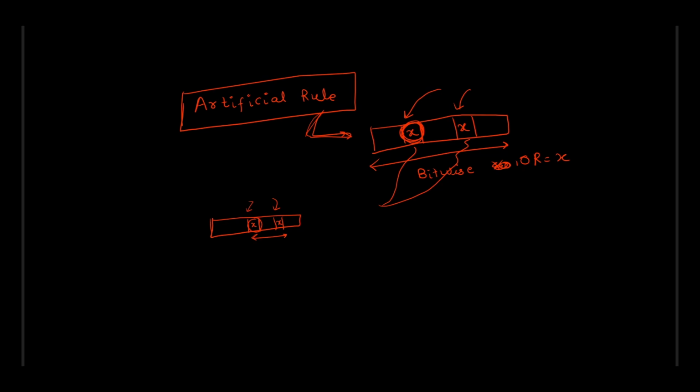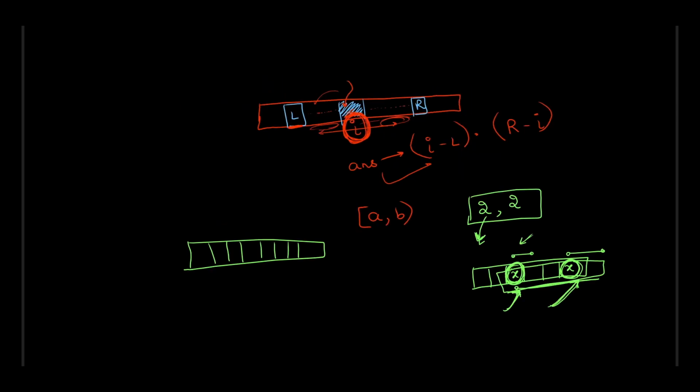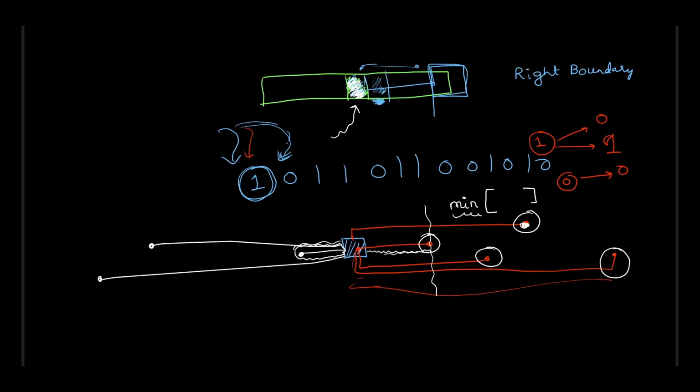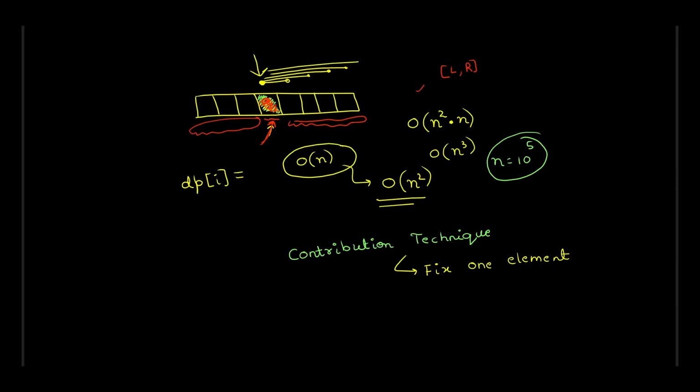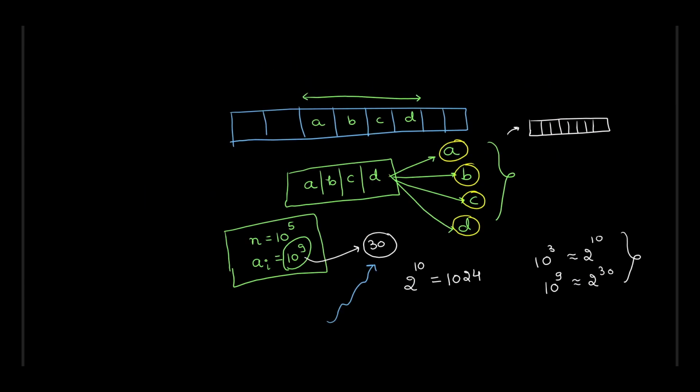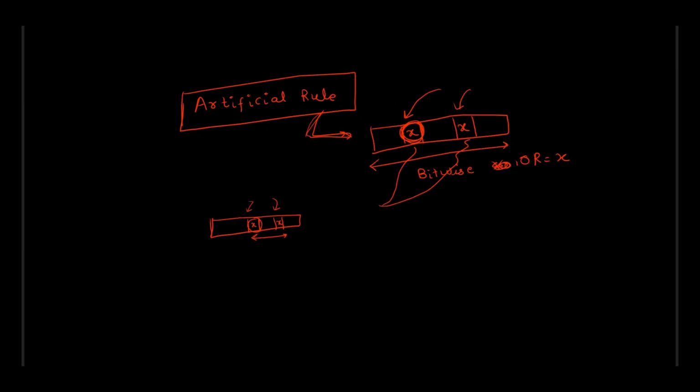Now all that is left is to find the left boundary and the right boundary for each element, as we discussed. We have to find the boundaries for each bit position. So how do you do that? If you have this array and you want to find the left and right boundary, we already saw that you can find the boundary bit by bit.